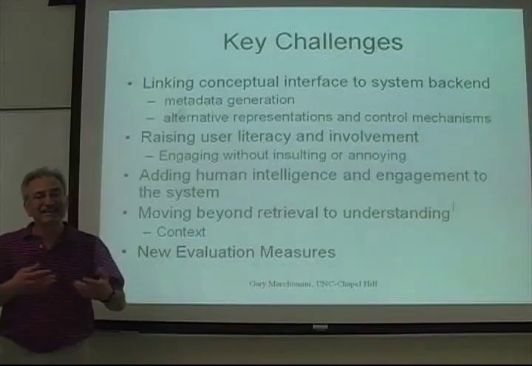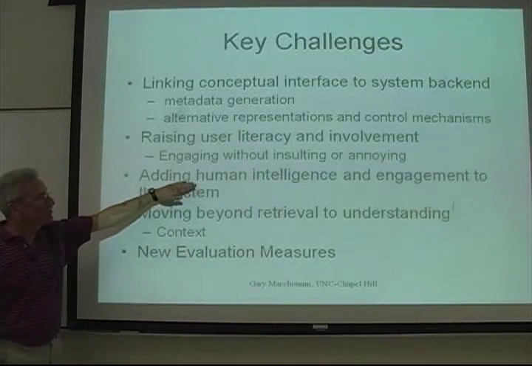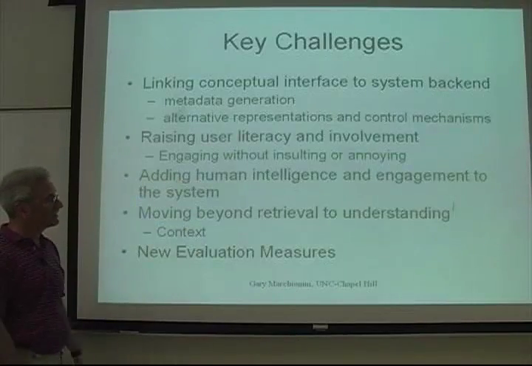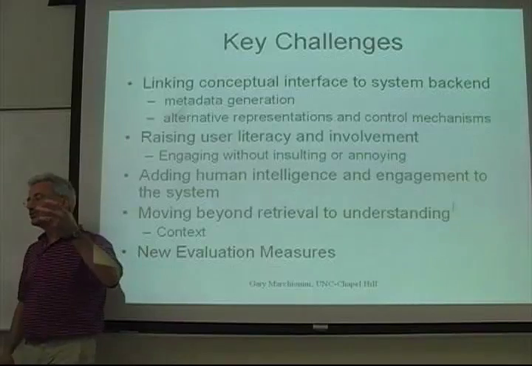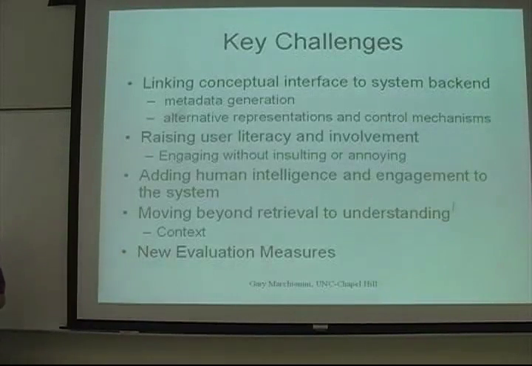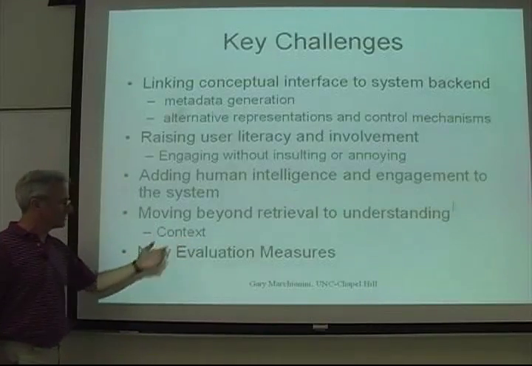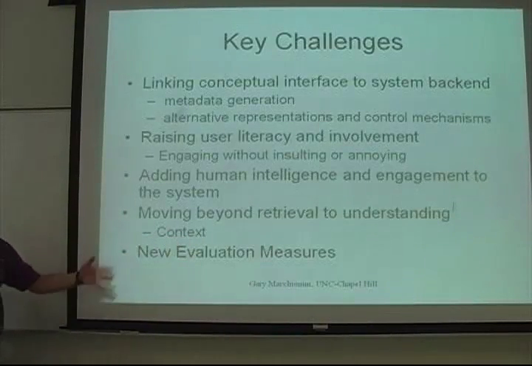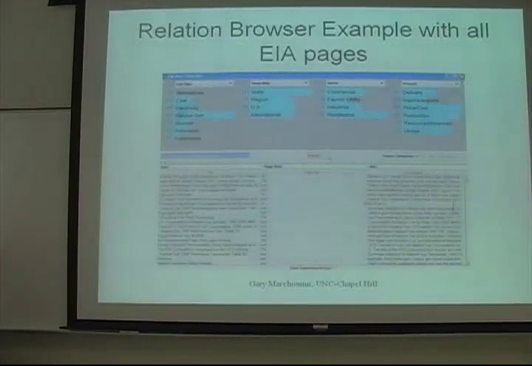Try and get people to give a little more or get a little more involved. We certainly want to leverage human intelligence and skill. Get them engaged, and their engagement is going to improve the system. We want to move beyond retrieval to understanding. That involves some contextual retrieval, and we do need new evaluation measures, which I will speak to in a bit.